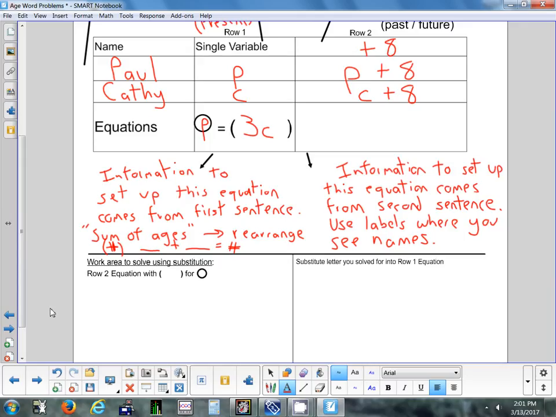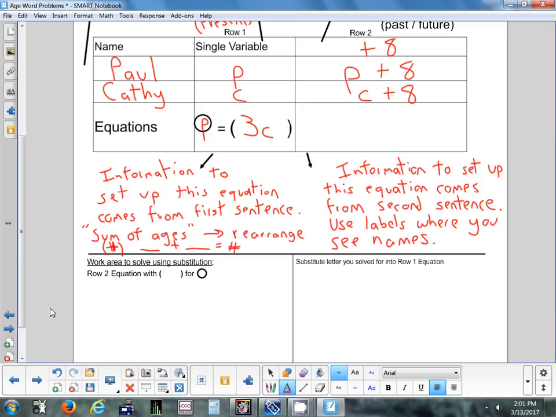So you're always going to take that single variable and add or subtract a number to it, depending on what phrase it gives you in a sentence, if it's a certain amount of years or a certain amount of years ago. Like I said, depending on what it says in the problem.